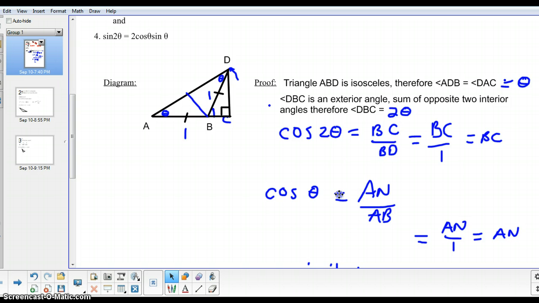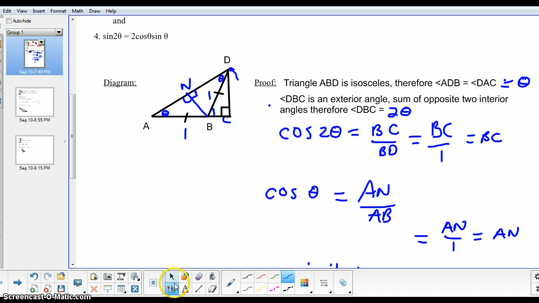Our cosine theta, if we use this side, this theta, we would have an AN if we cut this in half and made 2 right angles. We can call that point N, and we would have AN for this cosine, that would be the adjacent for this triangle, over AB, that would be the hypotenuse.